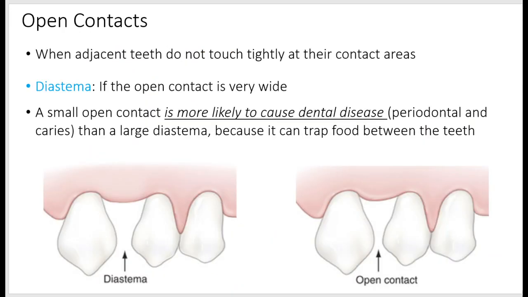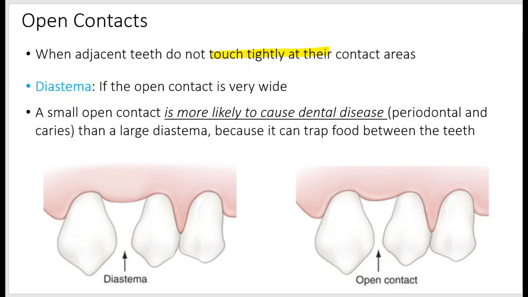As we said, the proximal contacts that we have should be just tight enough so that we don't have open contact. So we'll have open contact if the teeth are not touching tightly in the contact area. So we'll have some open contact, as you can see here.